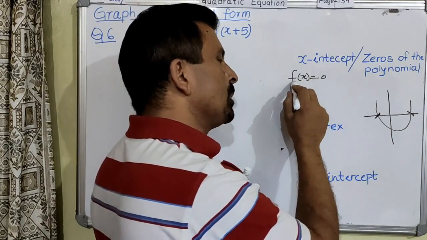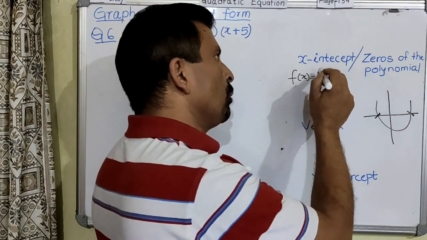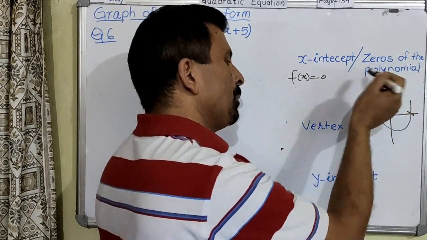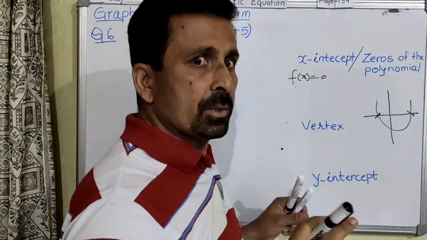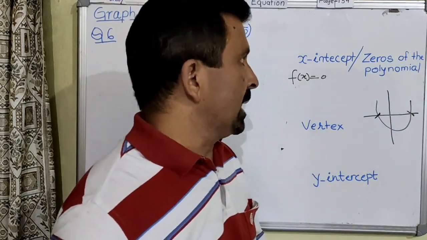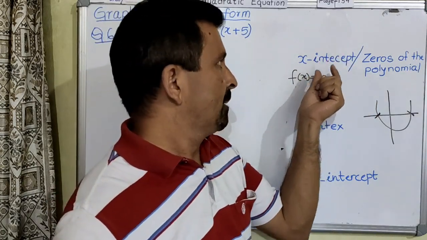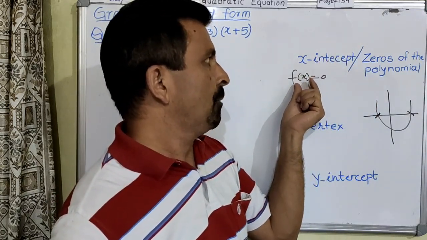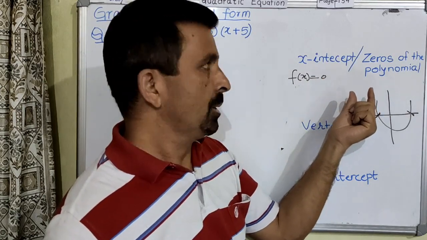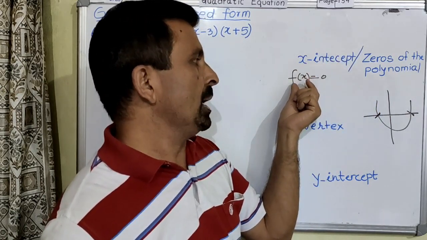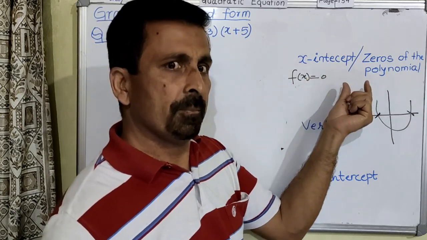So by assuming y is equal to 0, we can calculate the x-intercept or the zeros of the polynomial. From here, one thing is very clear: the x-intercept can be calculated by assuming y to be 0.